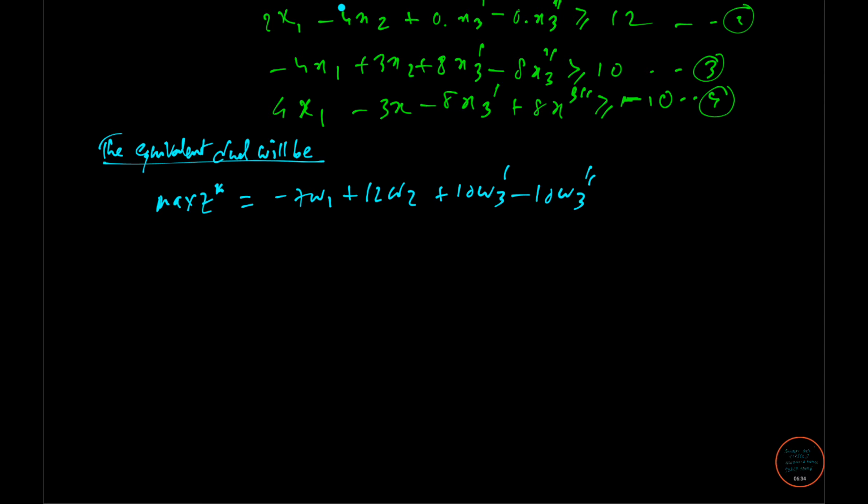We can rewrite it by taking 10 common, so this will be minus 7w1, 12w2 and 10w3.